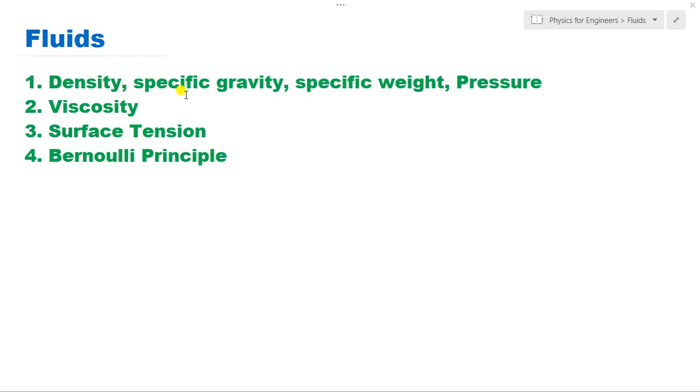Pressure that is applied on fluids, because of course we have pressure applied on solids, and we call that one stress. The second one is viscosity, the third is surface tension, and the last one is the Bernoulli Principle. The Bernoulli Principle is one of the topics included in fluid dynamics, because it studies fluids in motion.